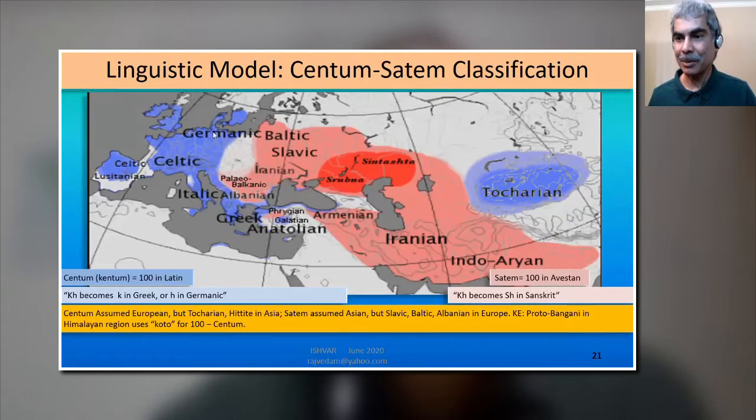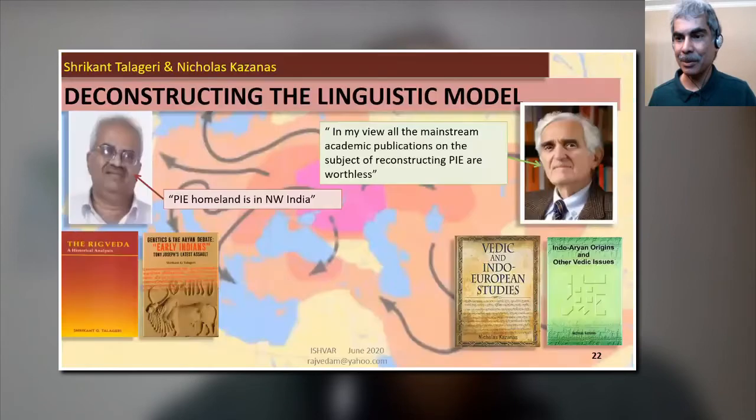So this linguistic model of this nice Centum-Satem classification, the rules they propose for migration of language, seems to be in question. The red flags are saying, how come this migration does not appear to be a neat, nice division? You can't draw a least squares line and say, everybody on that line is this, everybody on this line is this. You can't do that. This appears to be a problem over here. So it has opened some red flags. That is the bottom line.